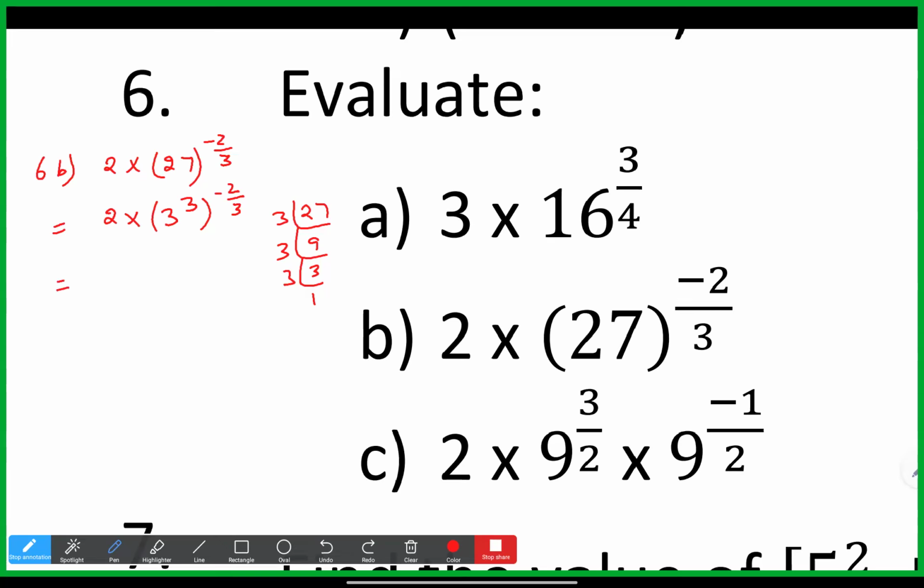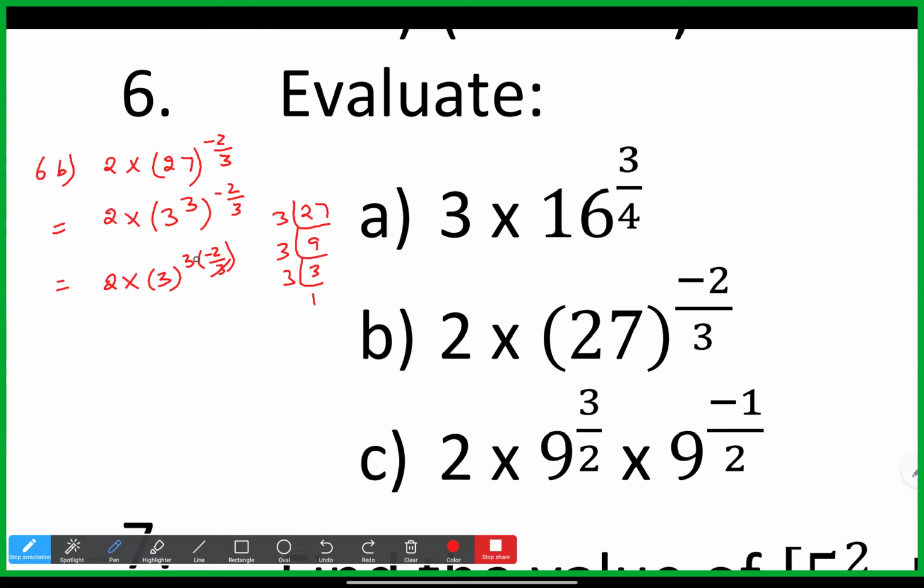Sir, 2 into 3 power 3 into minus 2 by 3. For convenience, instead of writing into, I wrote a bracket, because into and minus together would cause confusion. Bracket means it's into only.